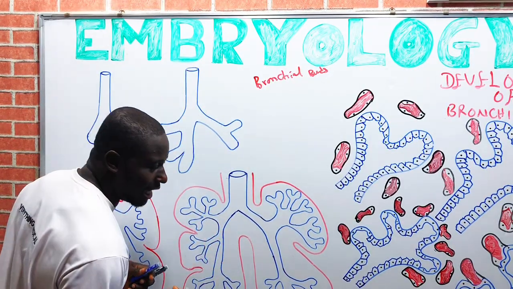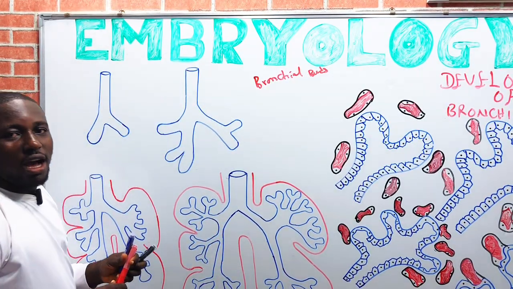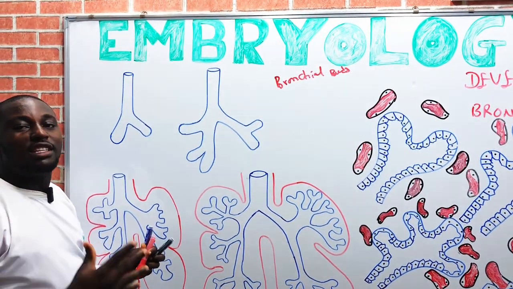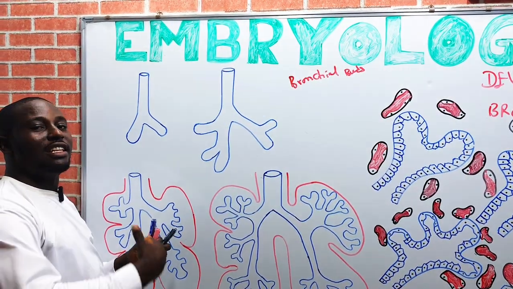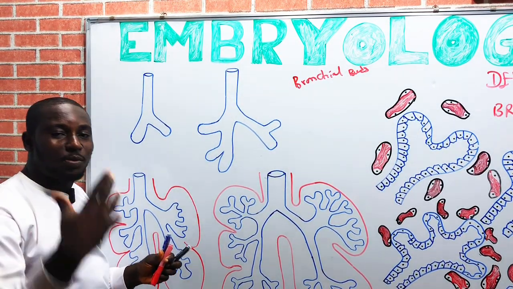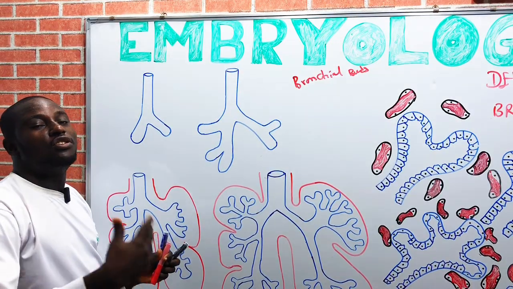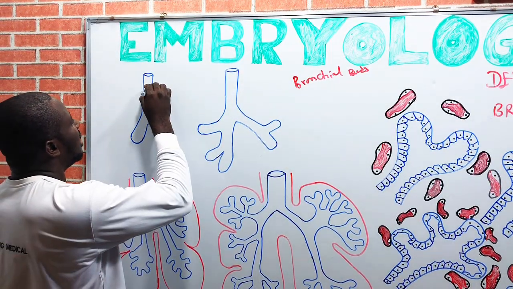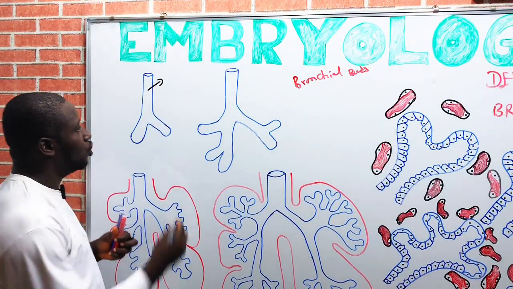You have to understand that the major origin where the respiratory structures, be it the respiratory zone and the conducting zone, evolve from is the respiratory diverticulum or the laryngotracheal diverticulum, right? Now, this is the respiratory diverticulum.